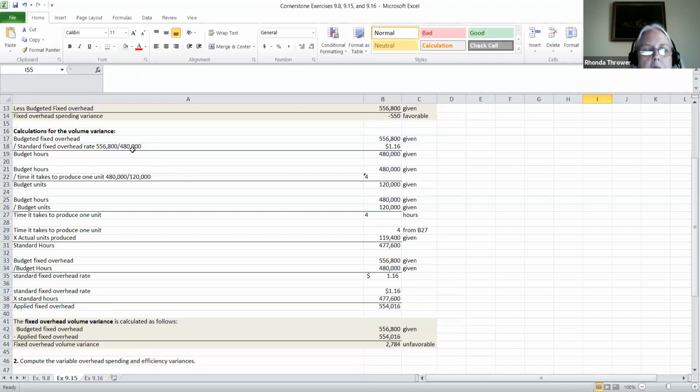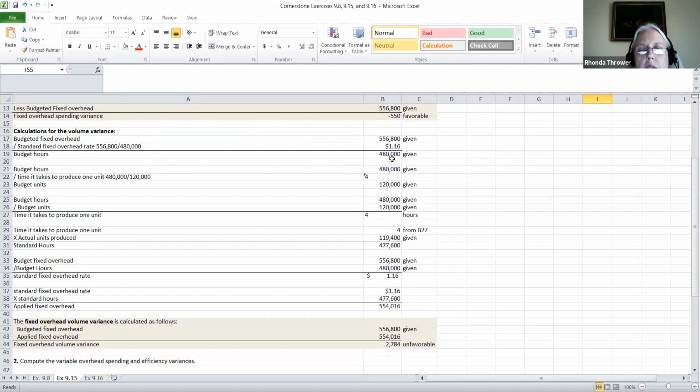And so I've done that in this first calculation. What we did know was that the budgeted fixed overhead was 556,800. That was given. What we did know was that our budgeted hours were 480,000. That was given.